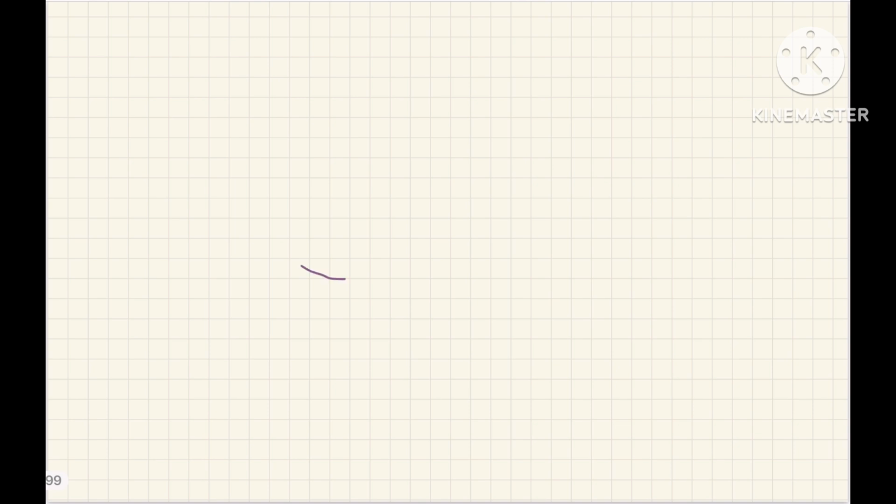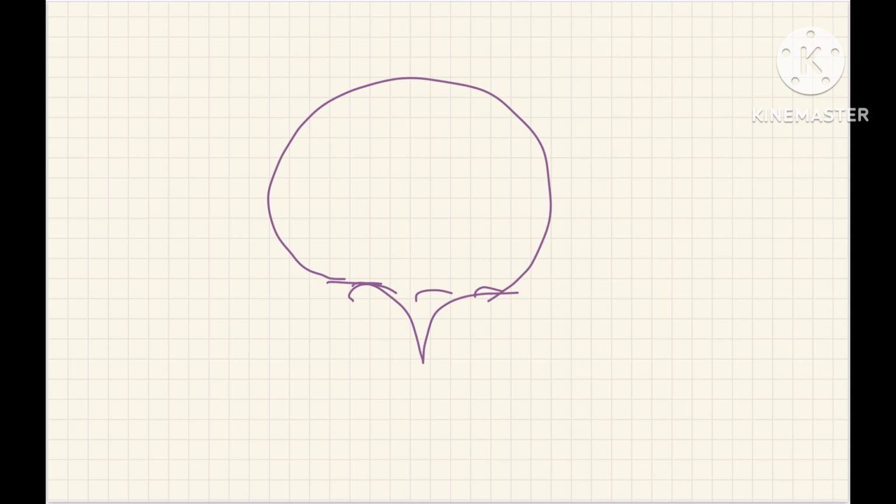Let's see this as a diaphragm. Anterior, we have the foramen of Morgagni.